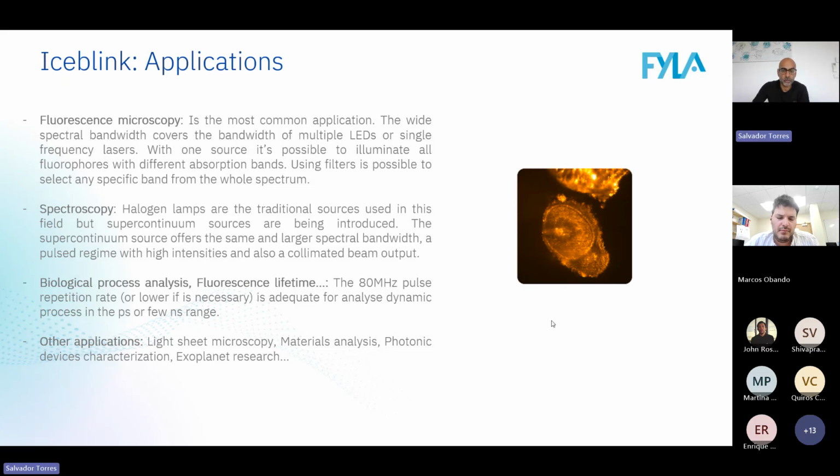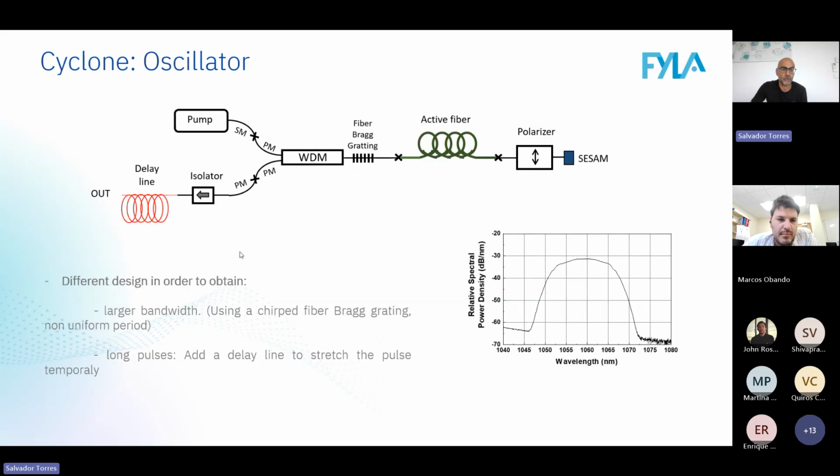We also call it a supercontinuum source because it has a broad spectrum, although not as broad as a strict supercontinuum. And this is the scheme, very similar to the previous one, but with some particular differences. First, the design of the oscillator is different.